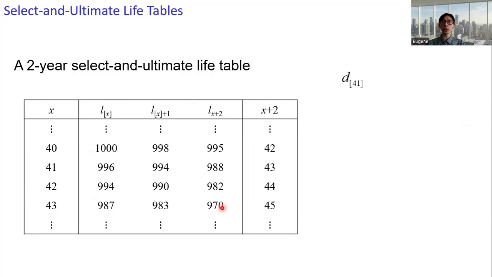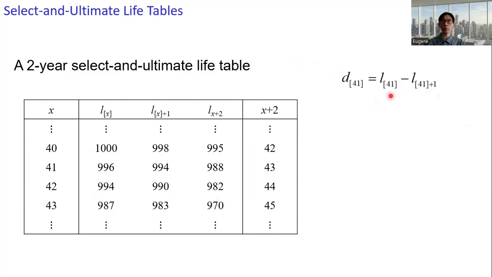Let's do some calculations. Say we want to get the expected number of deaths for a select group of individuals at age 41. d_[41] equals l_[41] minus l_[41]+1.